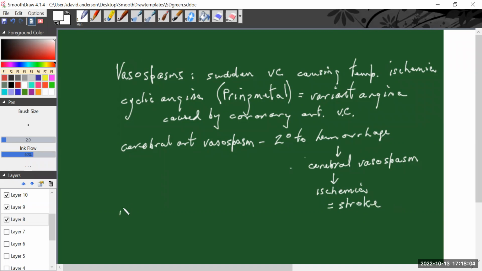Some of you may have heard of a condition called Raynaud's. Raynaud's syndrome or Raynaud's condition is, again, another example of an idiopathic scenario where there's vasoconstriction.